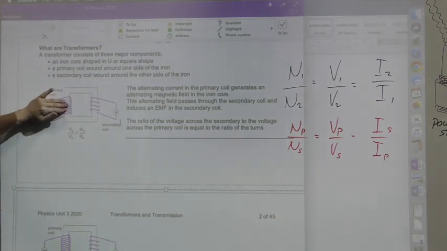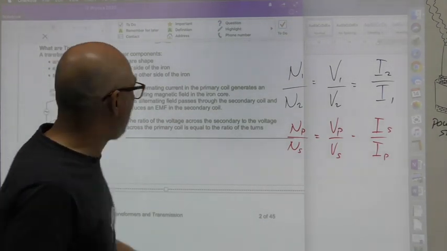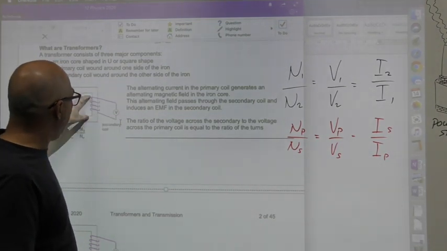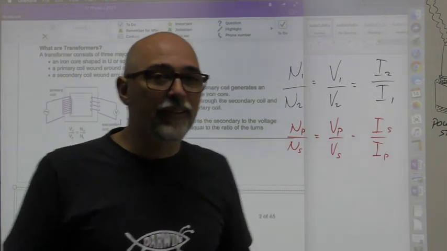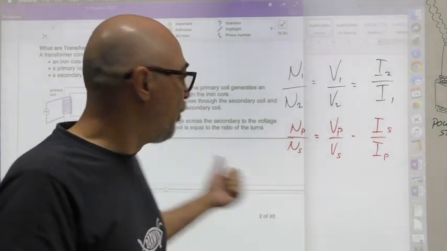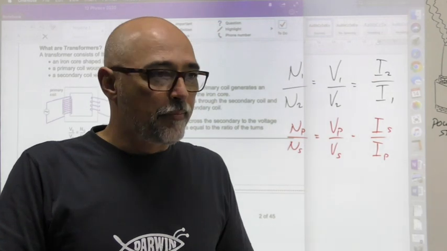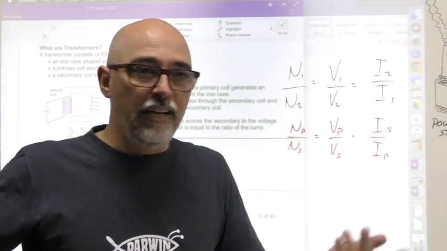If 100 wires are creating a magnetic field that is washing over here, but there are only 10 wires to pick it up, the effect is that the voltage that you put in is stepped down 10 to 1. So 100 to 10, yeah, you know what I mean.